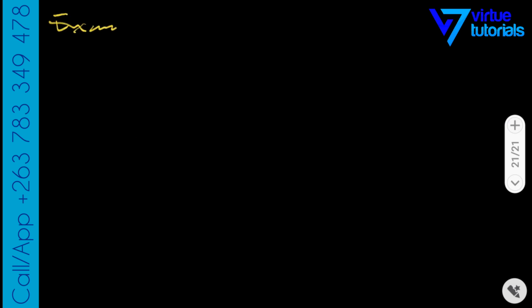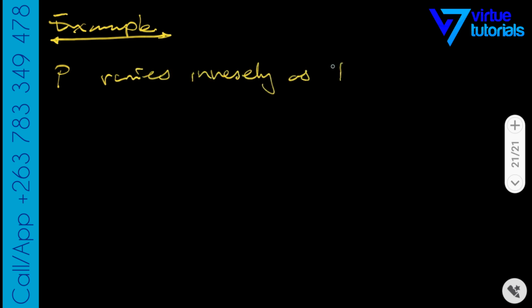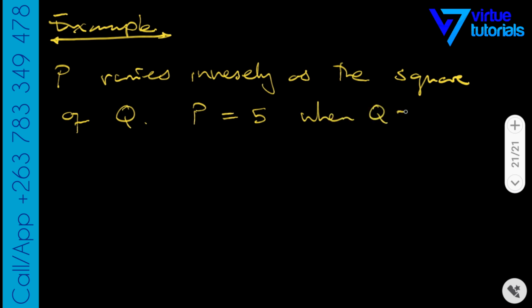This time we'll introduce a square. P varies inversely as the square of Q. P is equal to 5 when Q is equal to 2.